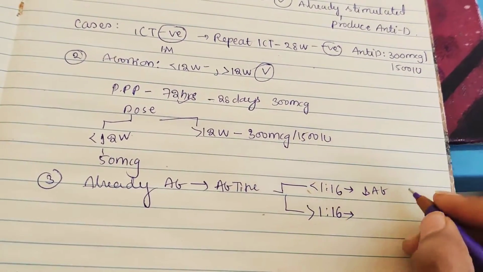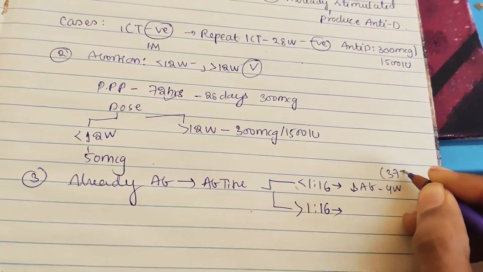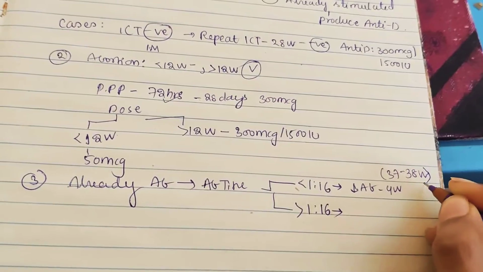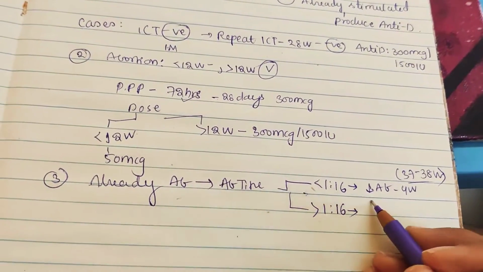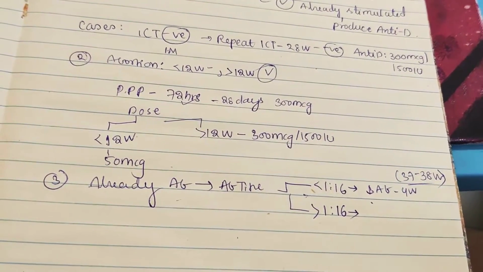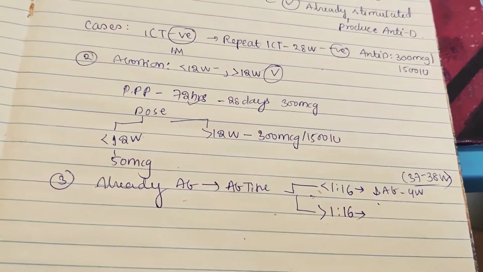Repeat antibody testing every 4 weeks, between 37 to 38 weeks. So in this case the woman is lucky, because the antibodies are low. Even though they are produced, they are low. So the fetus would be safe. There will not be such acute or severe anemia in the fetus, right?